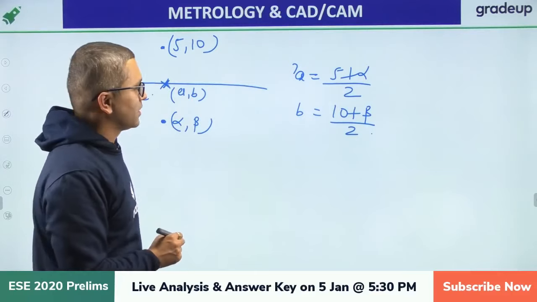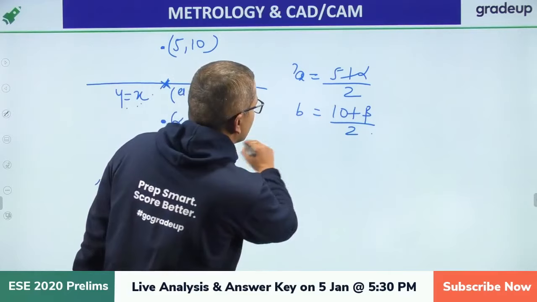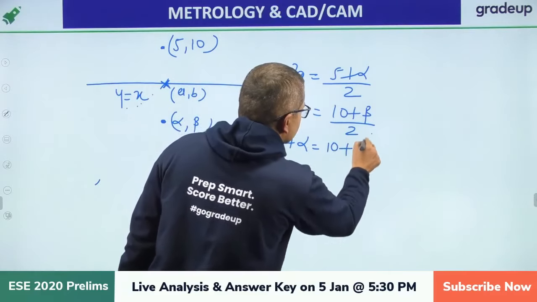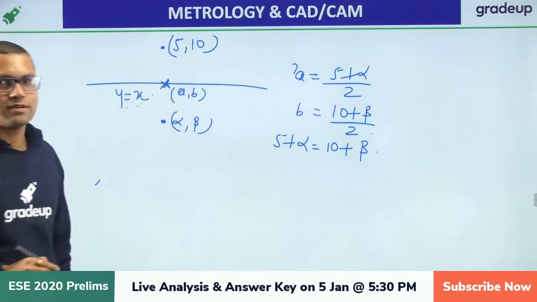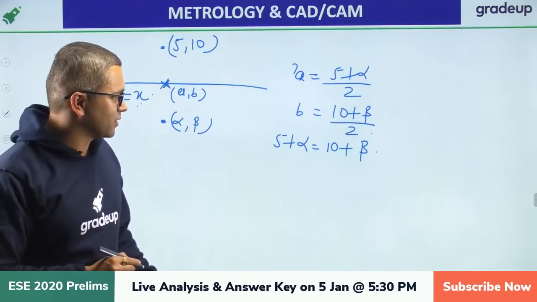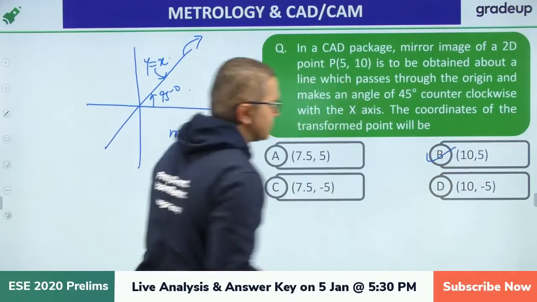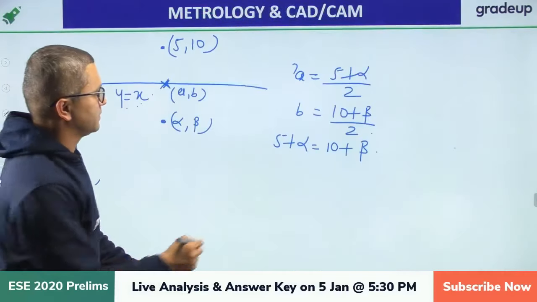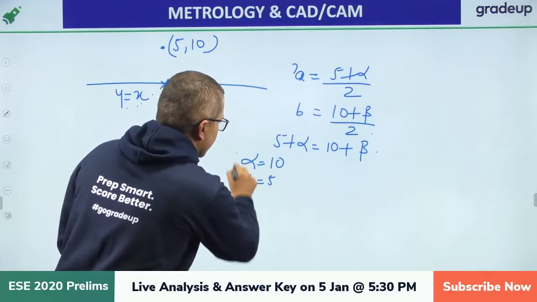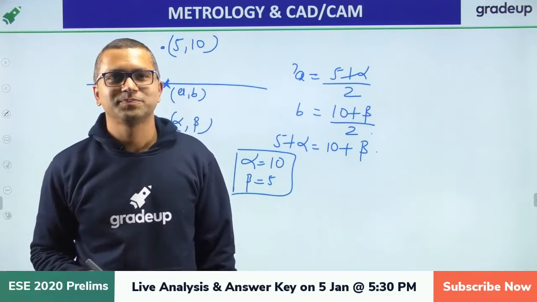Out of these options, which one follows 5 plus alpha equal to 10 plus beta? Alpha is 10 and beta equals 5. This is how it's solved quickly.